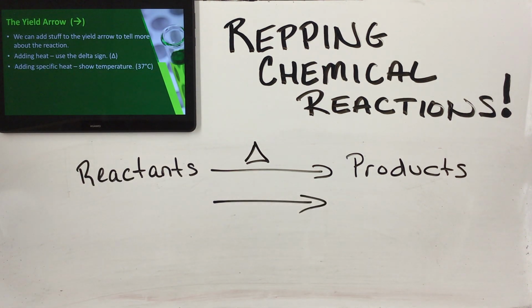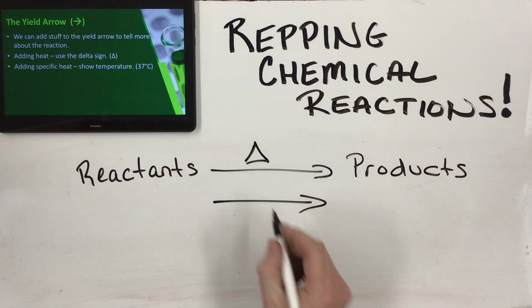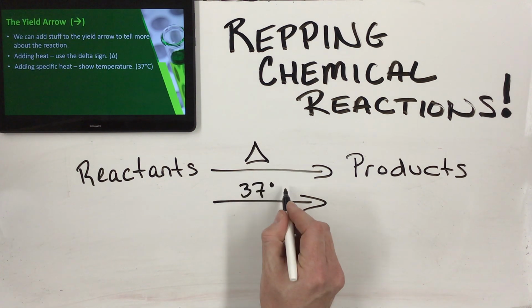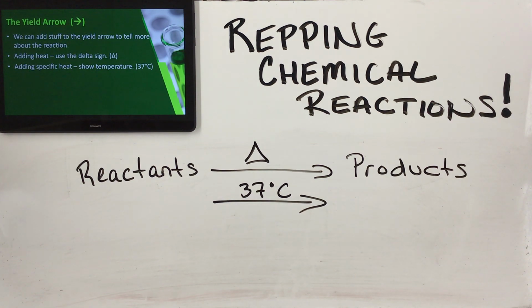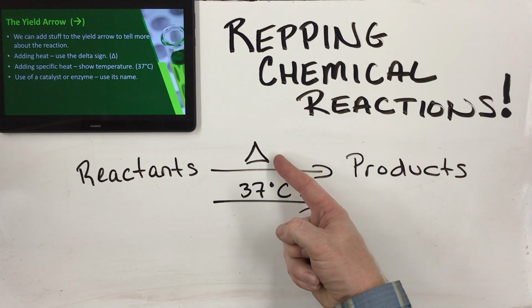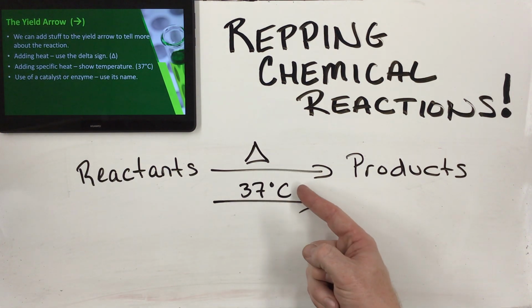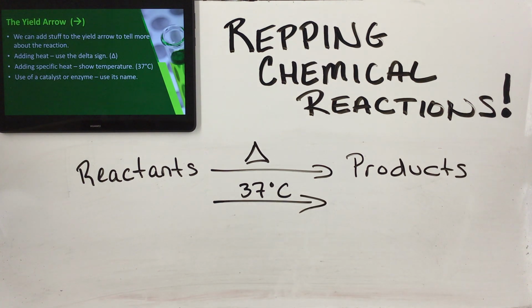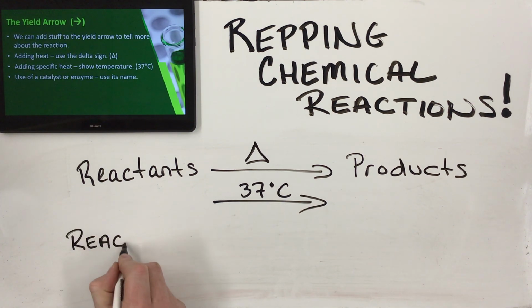Or if we know the exact temperature, like a hot water bath where we have a dial that tells us the exact temperature and we set that dial, we can put that above it. All right? Both of those explain heat. This heat, I don't know. I just know I heated it up. This one, I know the precise amount. I might have a catalyst, right?